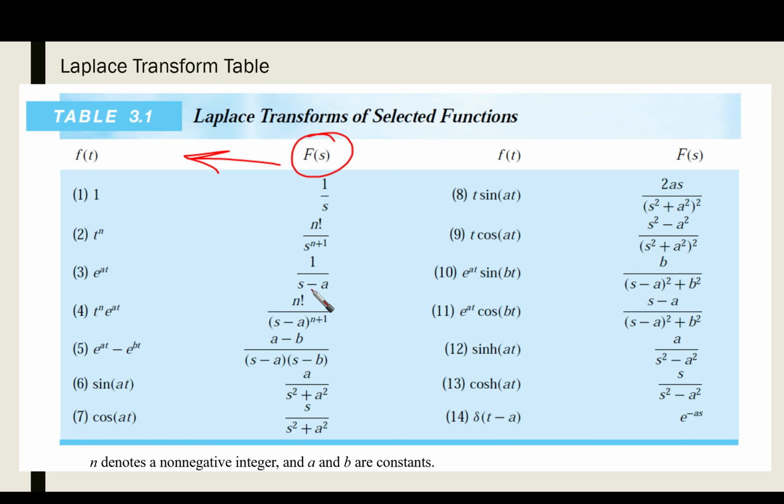Looking here, in the denominator, 2 things are multiplied. I think that if you check and investigate all of them, you are going to find this is the only one. Like s minus a times s minus b, right? And the corresponding is e to at minus e to bt. Well, this might help us.